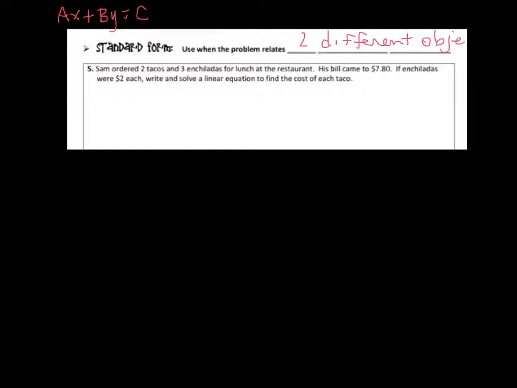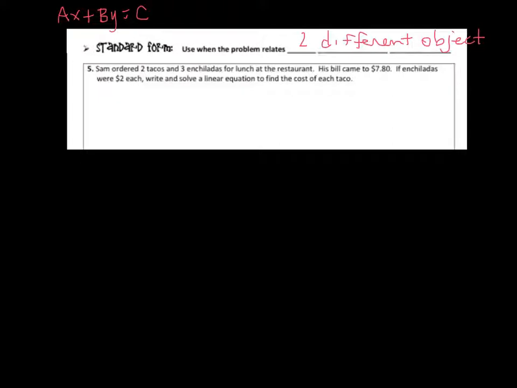So when we were talking about slope-intercept form, we were talking about a rate of change, and then we usually had like a startup fee, or we had some upfront cost, or we had a starting point. In this one, you're not going to really see that rate of change and that starting point. You're going to be talking about two different objects, and you're trying to figure out something about them.